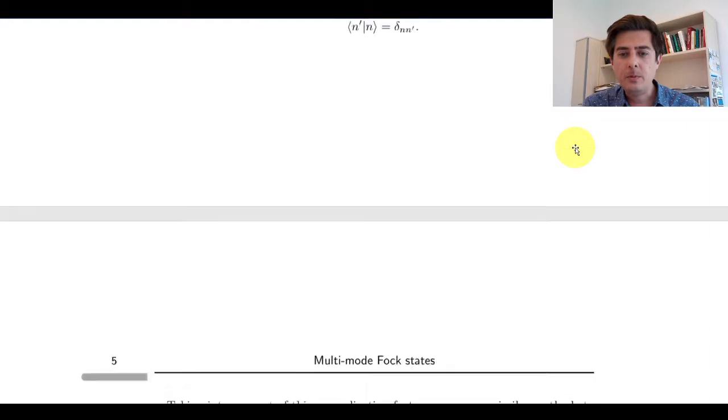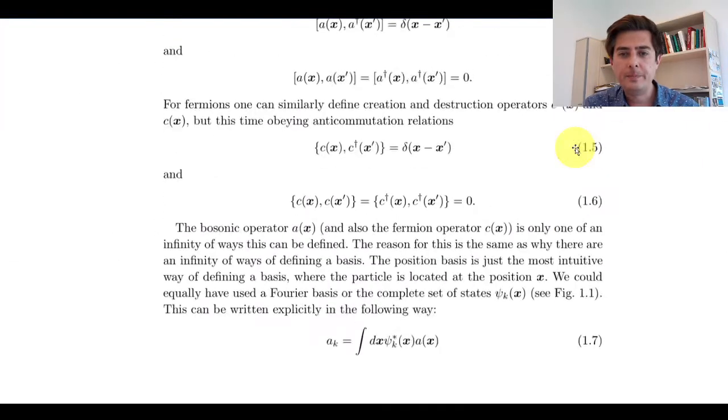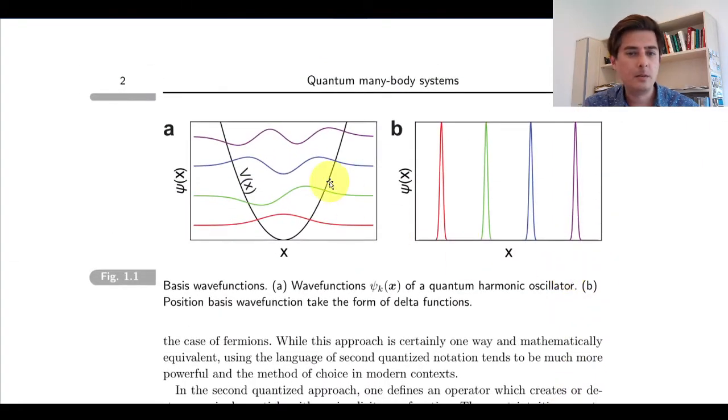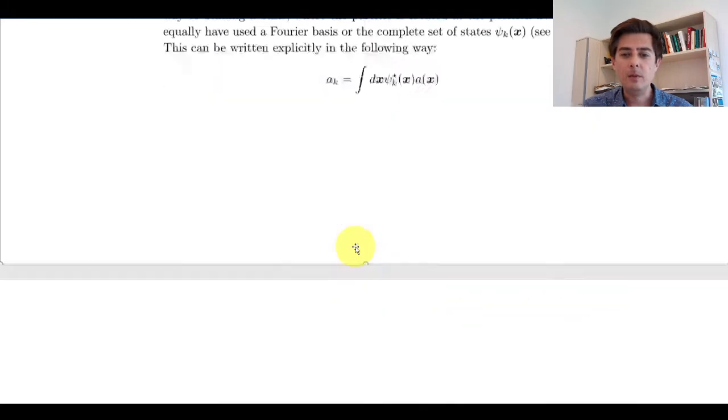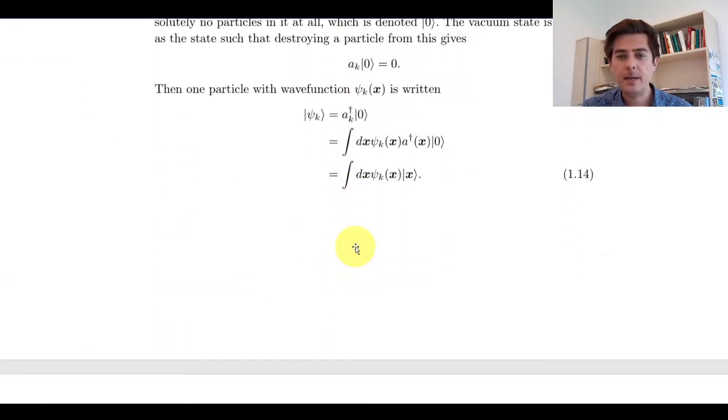So, for example, if you had this harmonic potential here, and we were just looking at this ground state, so this would be the lowest energy state of that harmonic trap, then if you had a many boson system, this state could be occupied by potentially many bosons. So we learnt how to write that down.